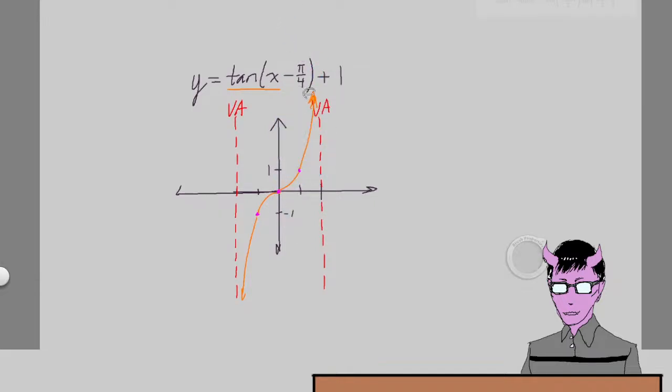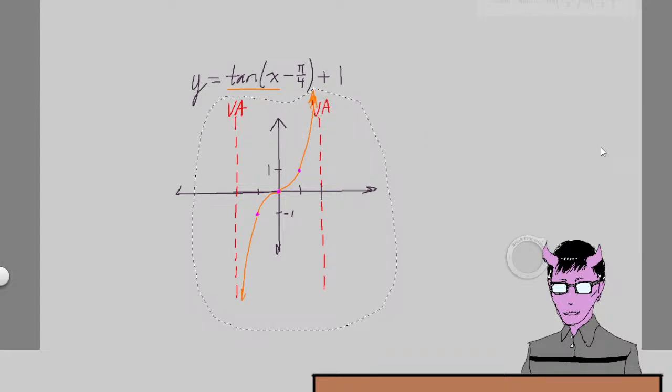So when we do a shift, everything shifts, including the vertical asymptotes. Unlike the sine and cosine ones, where we didn't have any vertical asymptote considerations, now that we do, any horizontal shifts also affect the vertical asymptotes. So everything gets moved over pi over 4, which is just 1 hash mark space.